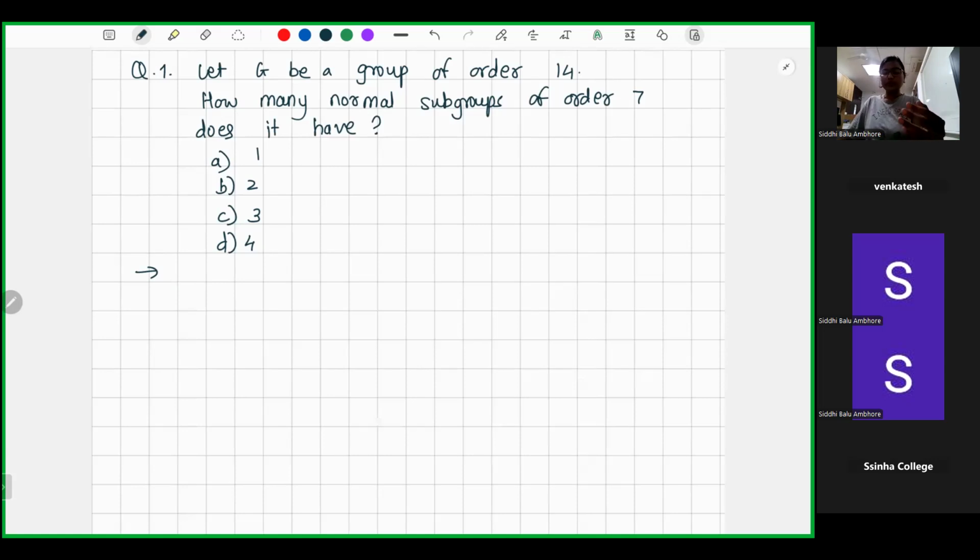But before going that, why do we have this existence of a group of order 7? Do we have any hold that there will always be a group of order 7 which is normal in G, and why is it so?